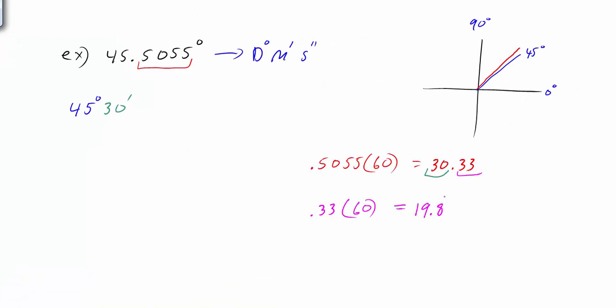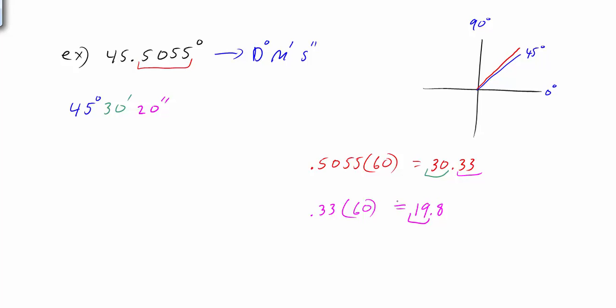So once again, we're going to look at the whole number, and it's going to be the whole number that represents our seconds. So that would be 19 seconds. And actually since this is 19.8, I'm going to maybe round this up to 20 seconds.